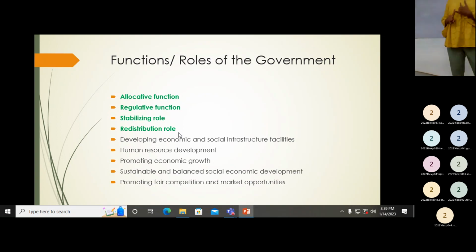So first of all, one of the major role which is performed by the government is allocative function. So can you guess what does that mean? Yes, allocation of resources among individuals as well as firms in a fair and equitable manner.